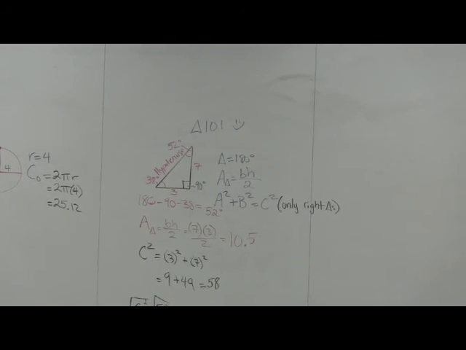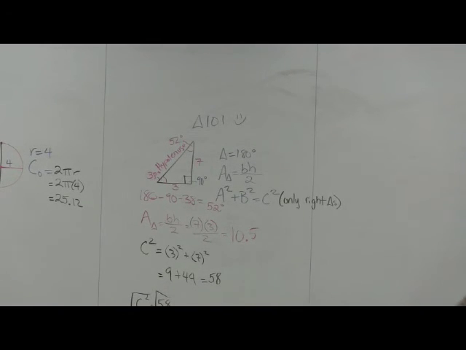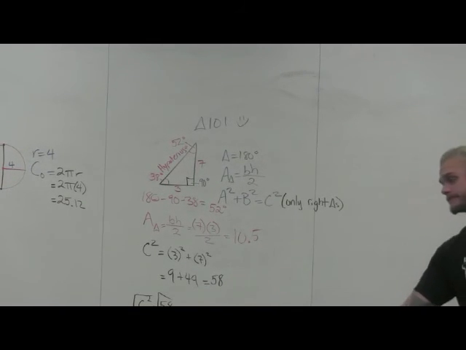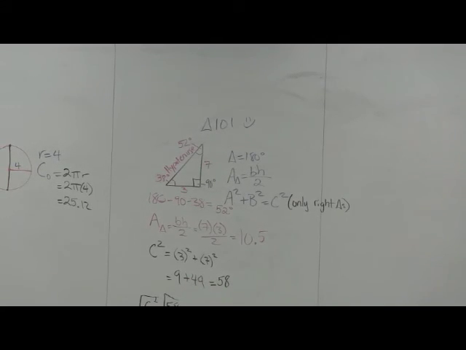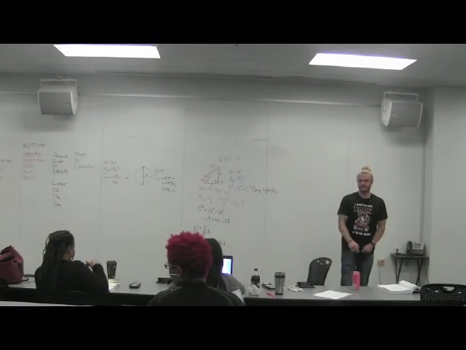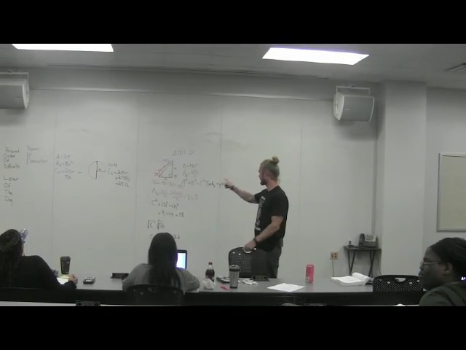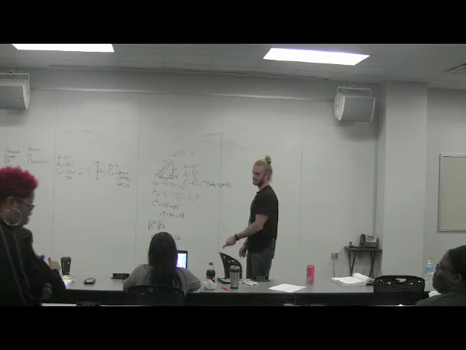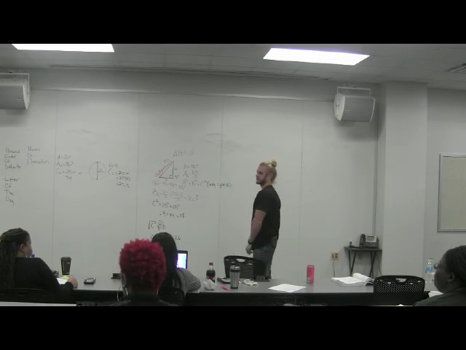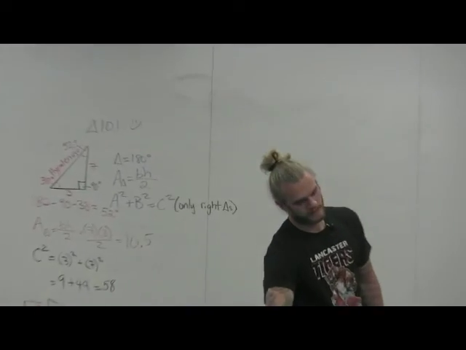All right, so that was our Triangle 101 and our Circle 101. Okay, take a step back. If you can do those initial word problems we did, and you can solve these, you can get your 18 on the test. These are the essential skills for doing well on the ACT math test.